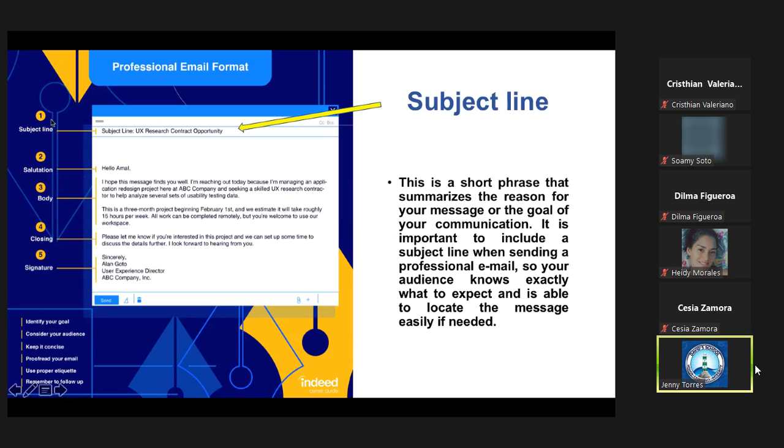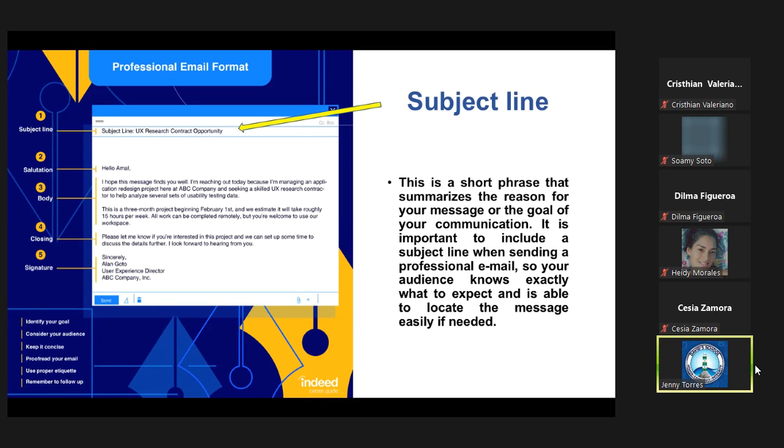Now, you have to check these 5 parts over here. And the first part is the subject line. In the subject line, as it says here, this is a short phrase that summarizes the reason for your message or goal of your communications. You know, why are you writing? That is like the topic of your email.